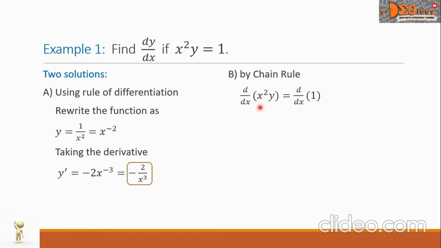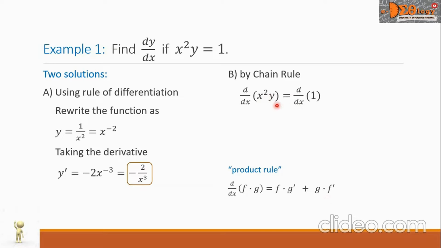Please notice that on the left side, we have two functions, in fact, a product of two functions. The first function is x squared, the second function is y. So let us write the product rule, d over dx of f times g, is equal to f times g prime plus g times f prime.